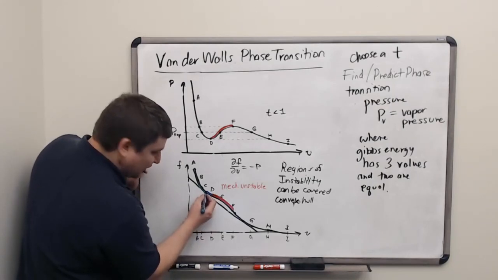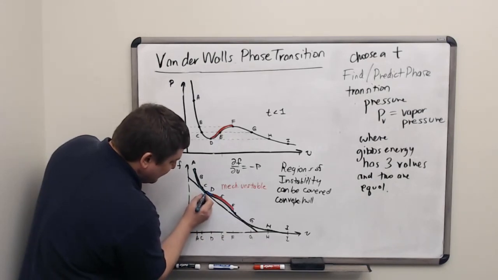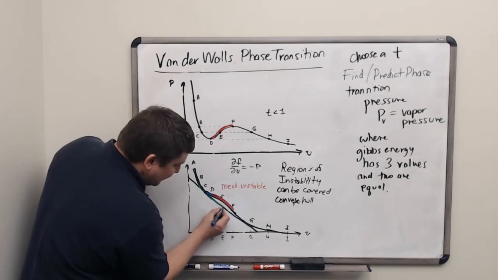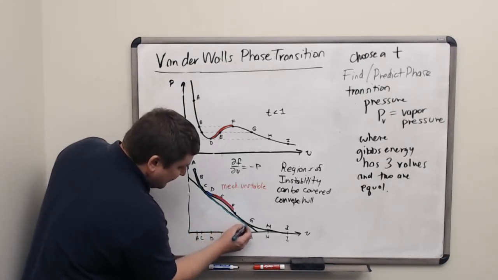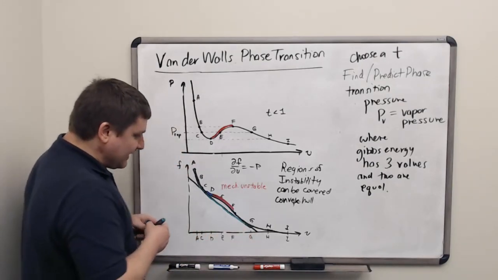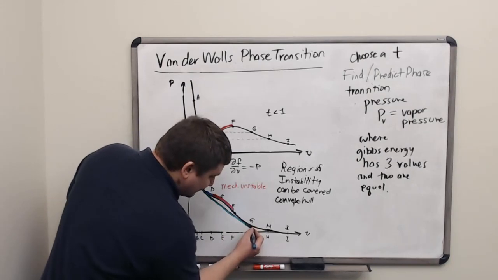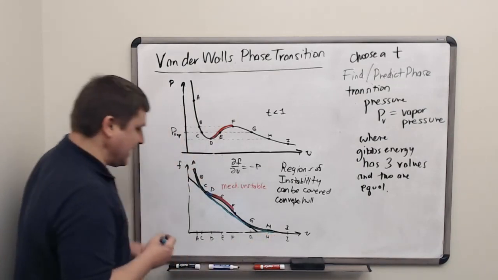At location D, we're at low volume, we're liquid. At location G, we're high volume, we're gas. So I could just start forming some gas and letting that give me some Helmholtz energy that's lower. And then I'll just slowly form more gas and increase this mixture until I'm all gas at location G. And then I can't eliminate any more liquid to lower my Helmholtz free energy, so I'll just have to go along the gas curve like that.